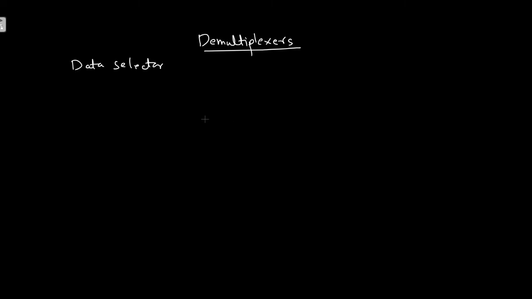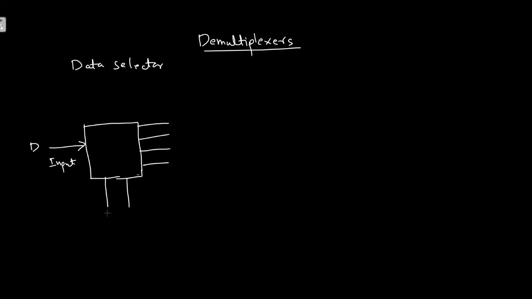For example, this is a block diagram of a demultiplexer. It has one input, that is called input line, and many outputs. Here if we consider two select lines A and B, then 2 to the power 2 outputs are there, y0, y1, y2, y3.